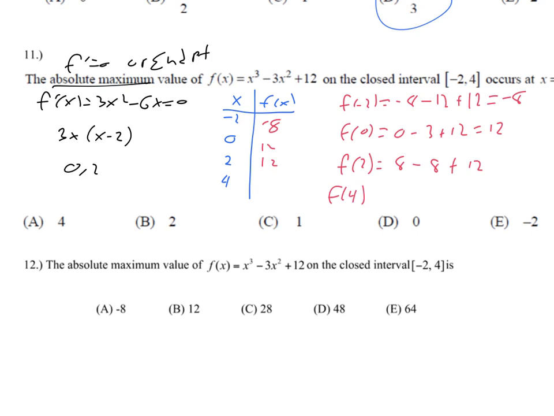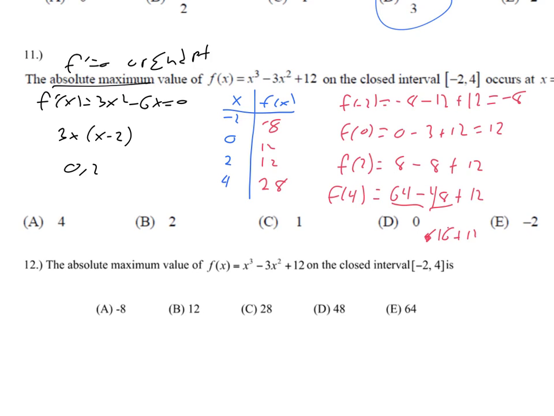And f of 4 is equal to 4 cubed is 64, minus 16 times 3 is 48, plus 12. Positive 16 plus 12 is 28. So where does it occur?